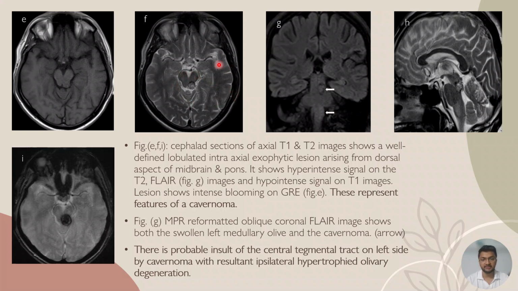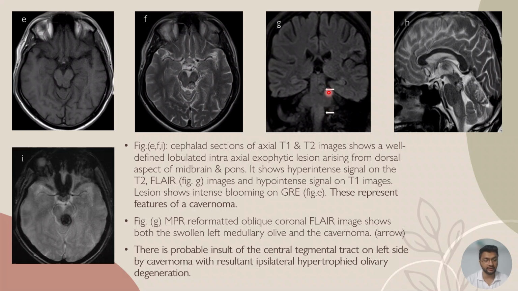It shows hyperintense signal on the T2 and FLAIR sequences and a hypointense signal on the T1 images. The lesion shows intense blooming on the GRE images, which suggests the features of a cavernoma. Here we can see a hypertrophied and hyperintense medullary olive on the left side, along with the cavernoma.